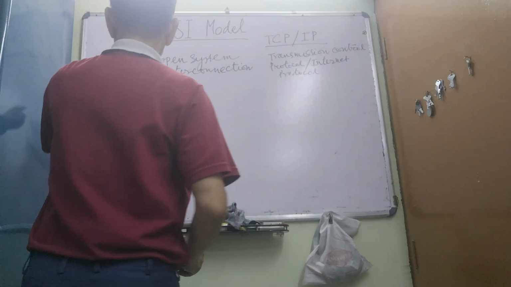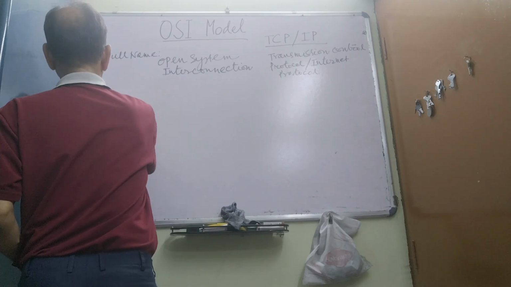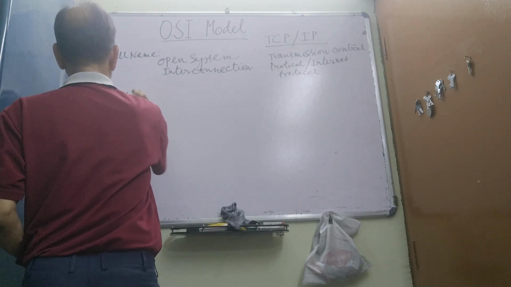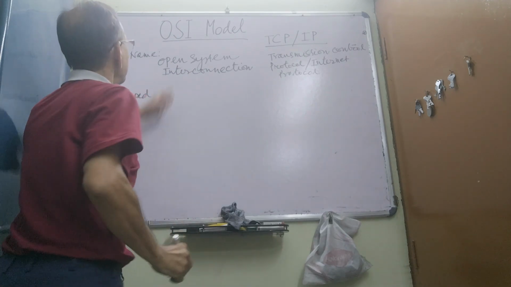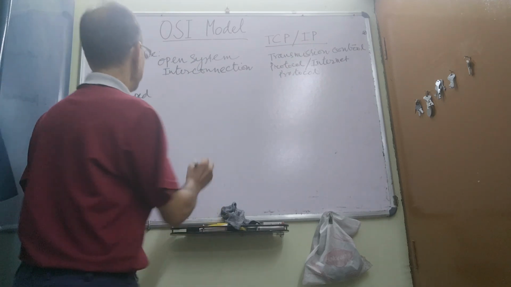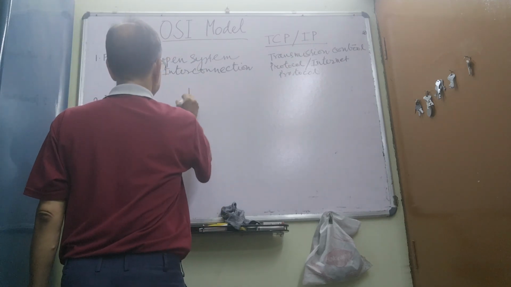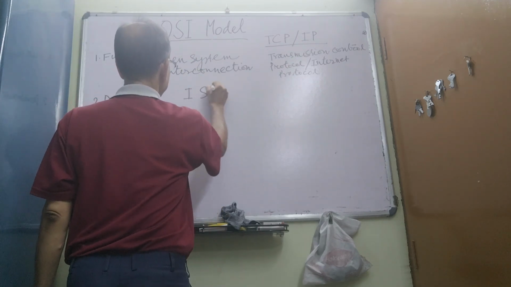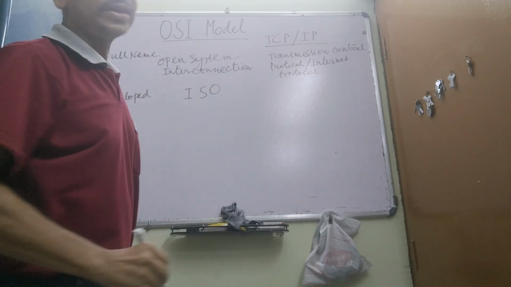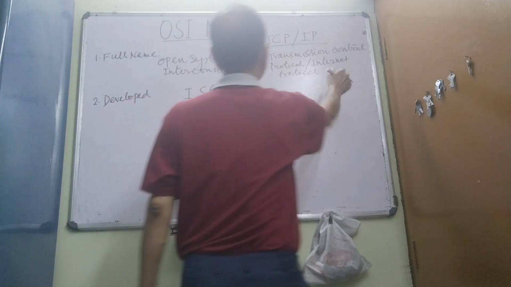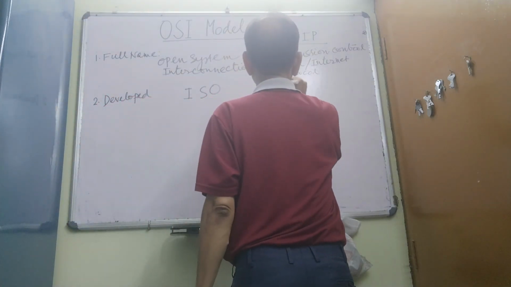Next is who developed it. Who developed the open system? ISO, International Standard Organization. And who developed TCP/IP? ARPANET.